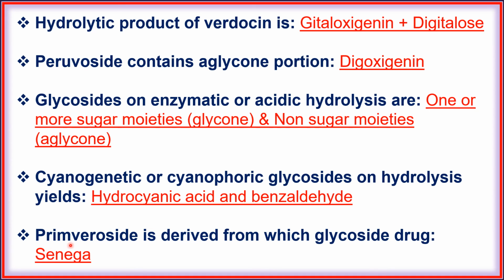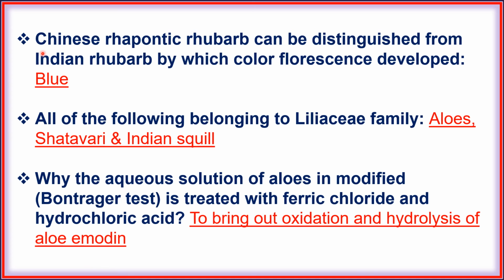Next, primrose is derived from which glycosidic drug? That is senega. Next, Chinese Rhapontic rhubarb can be distinguished from Indian rhubarb by which color fluorescence developed? That is blue.